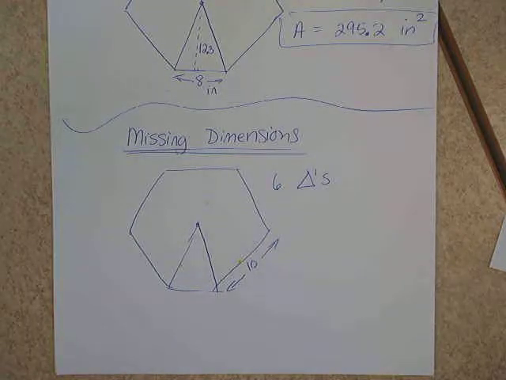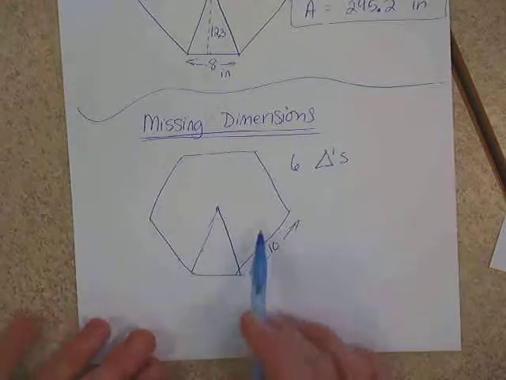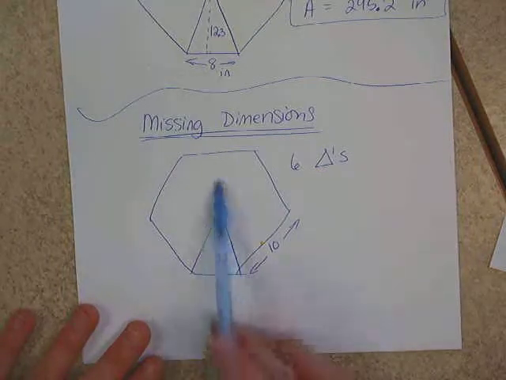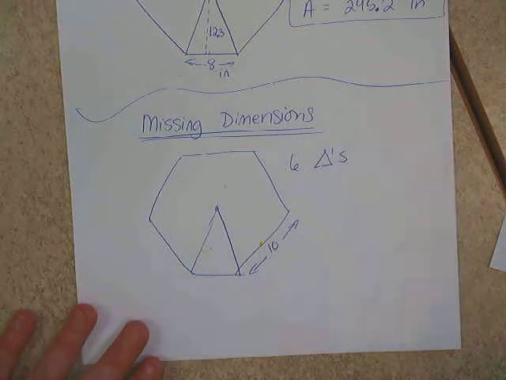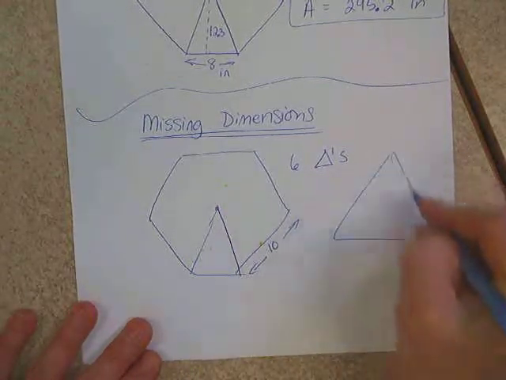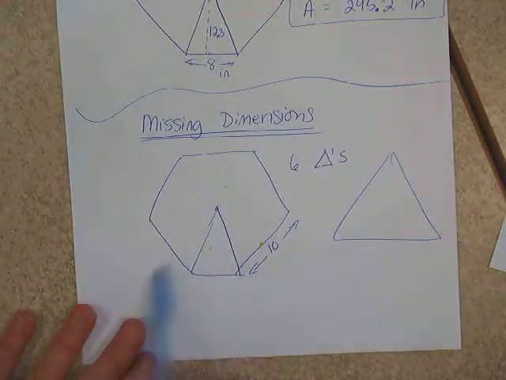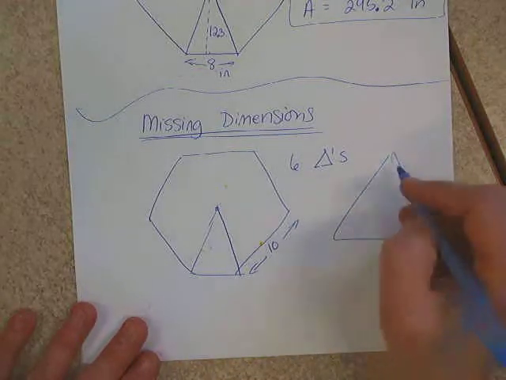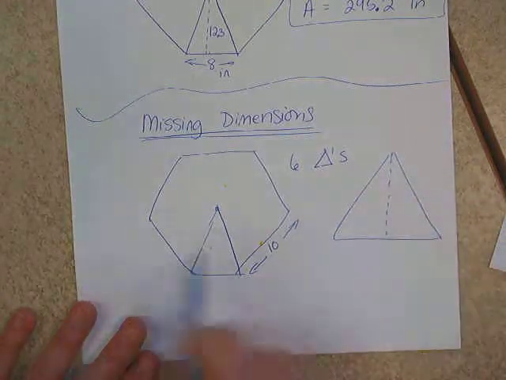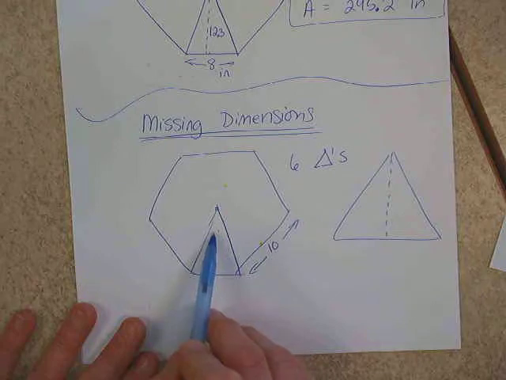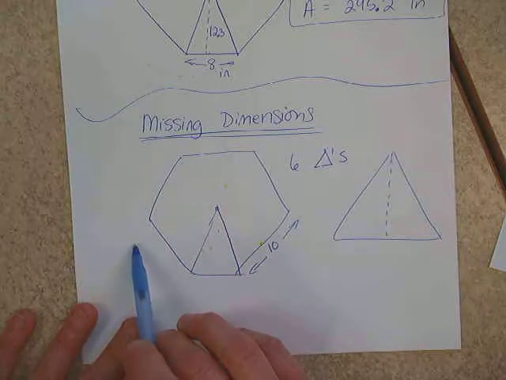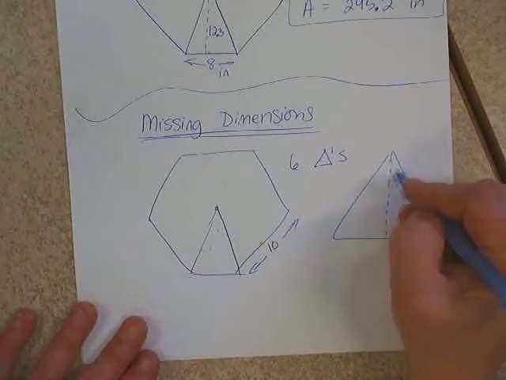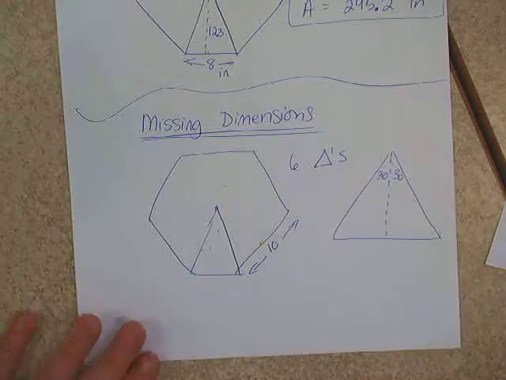So here there are 6 triangles. All they're going to give you in this one is a side length. In fact, that might not even be there. They might just tell you it's a hexagon with a side length of 10. So first thing I do is I draw my little triangle. If this gets too little for you, you can always go over here and make it bigger.